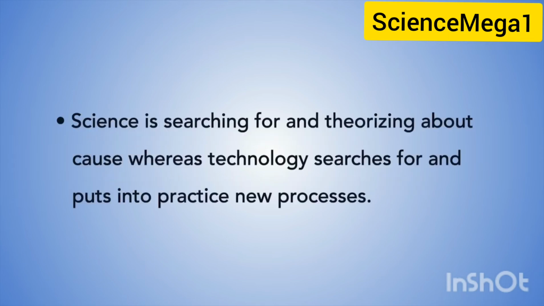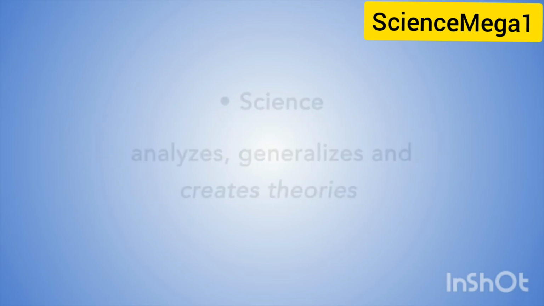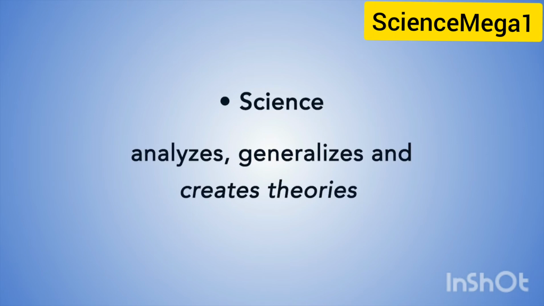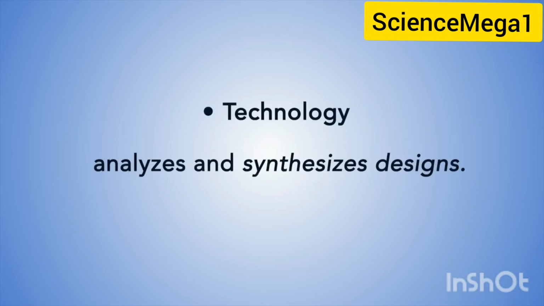Science is searching for and theorizing about cause, whereas technology searches for and puts into practice new processes. Science analyzes, generalizes, and creates theories, whereas technology analyzes and synthesizes designs.